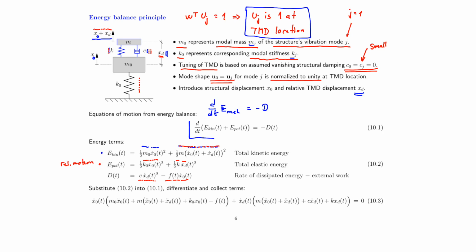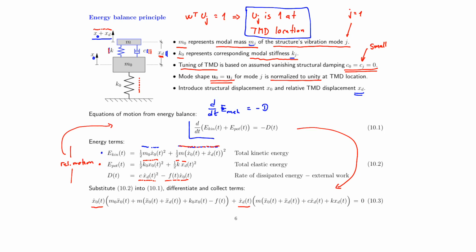When we then substitute these expressions into the energy relation and we perform the differentiation, then we find out that some terms are multiplied by x0 dot and other terms are multiplied by xd dot.